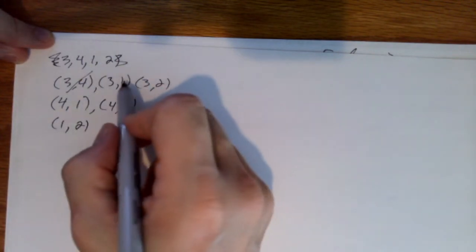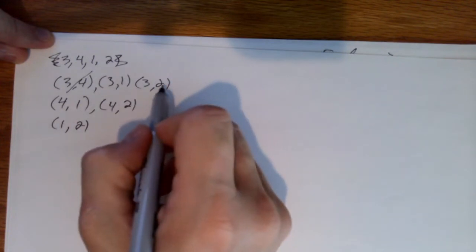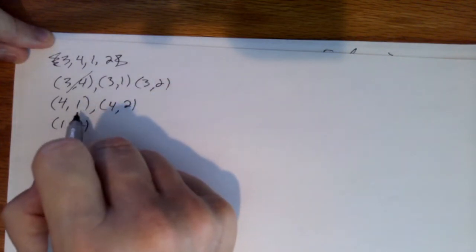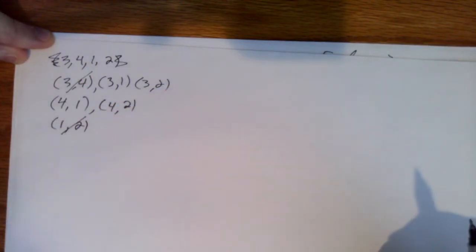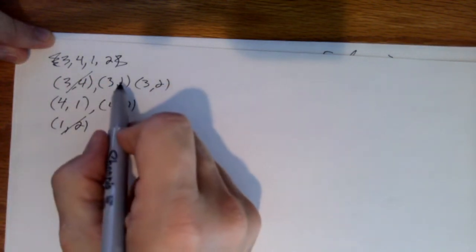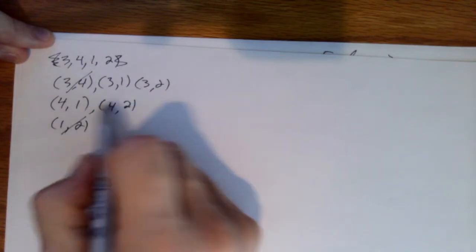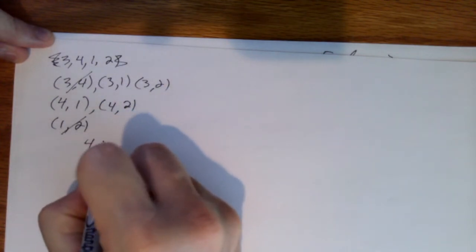So 3 and 4 is not an inversion. That's the correct order. But 3, 1 is an inversion, 3, 2 is an inversion, 4, 1 is an inversion, 4, 2 is an inversion, and 1, 2 is not an inversion. Okay? So that's 4 inversions.